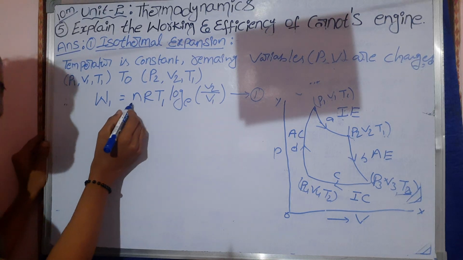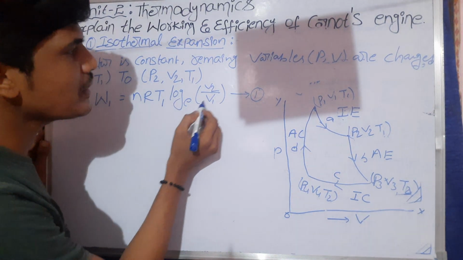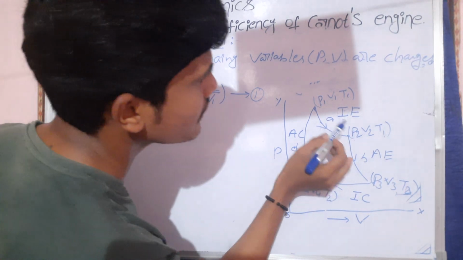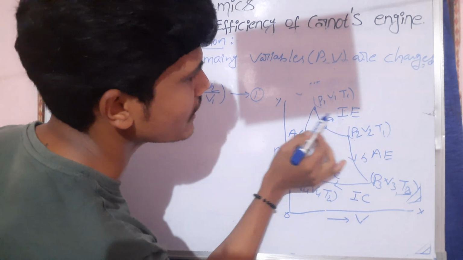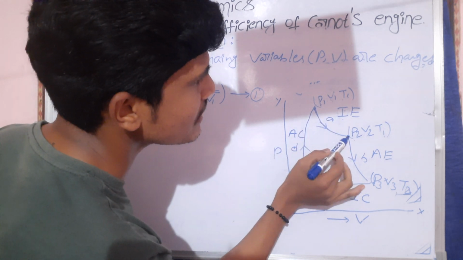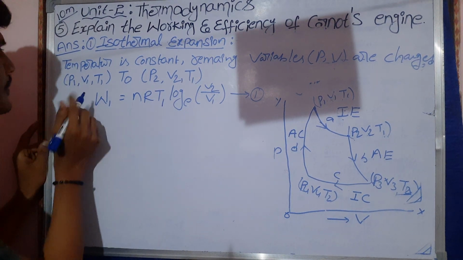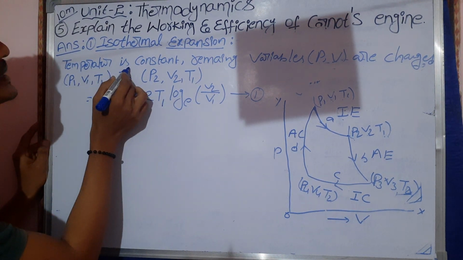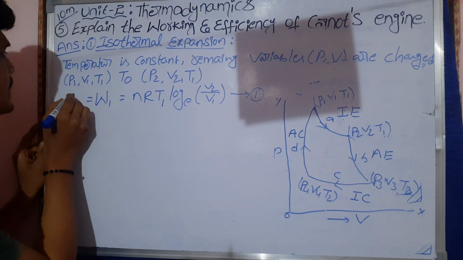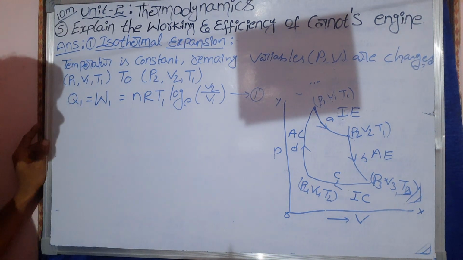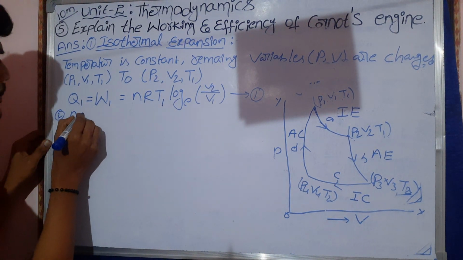N means number of moles, R means gas constant. This curve is called isothermal expansion, and some heat Q1 is absorbed.